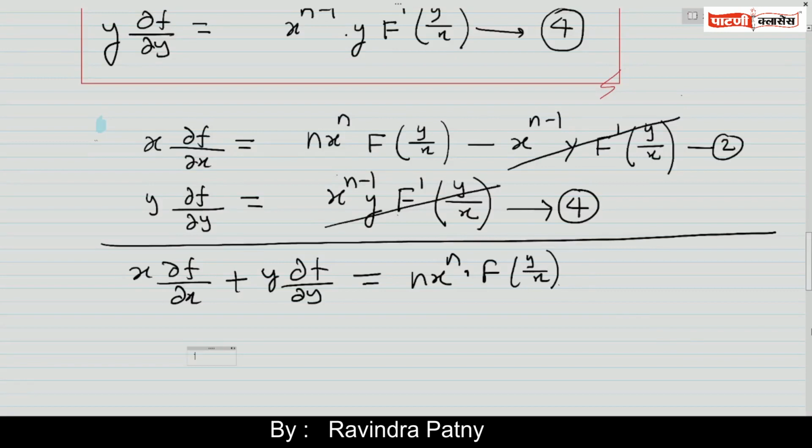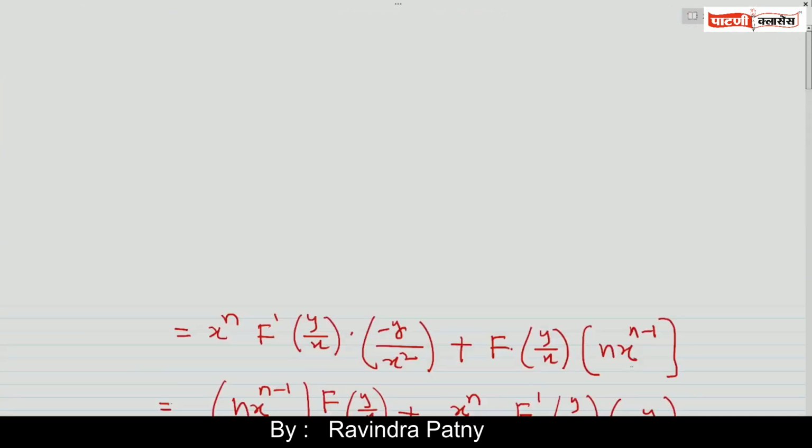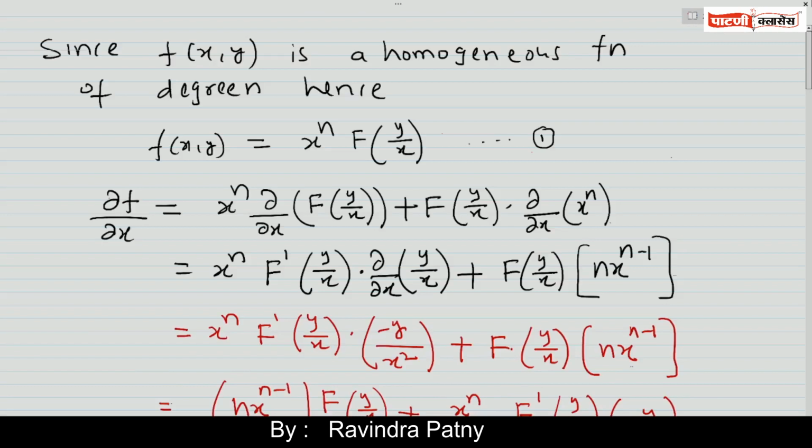Now at the end I want to recollect the information we had in equation number 1, that is F of x y equals to x raised to n into f of y upon x. Observe that at RHS there is a capital F and at LHS there is a small f.